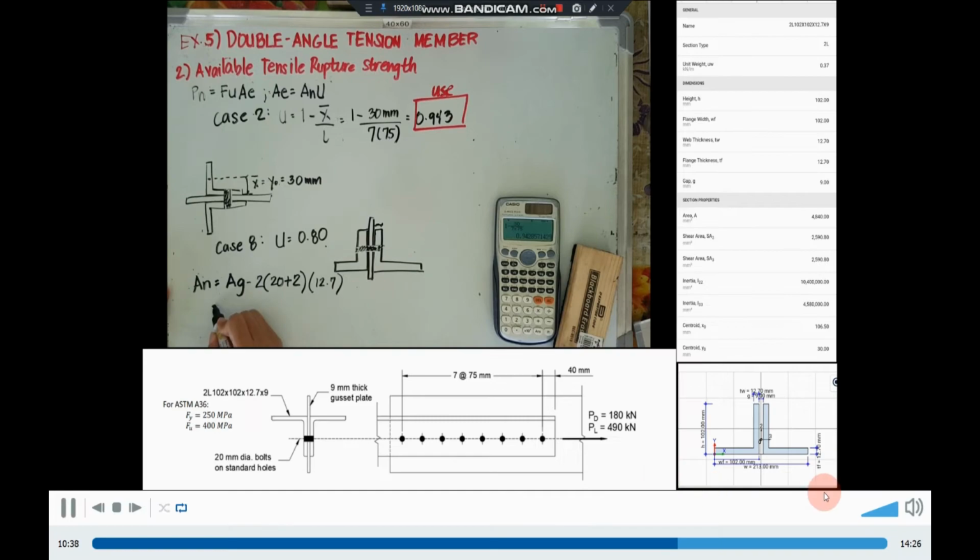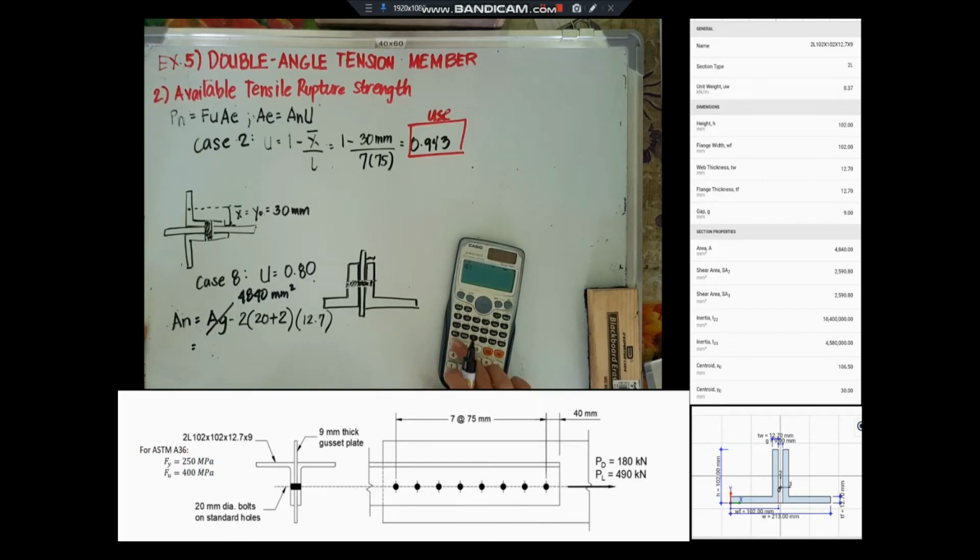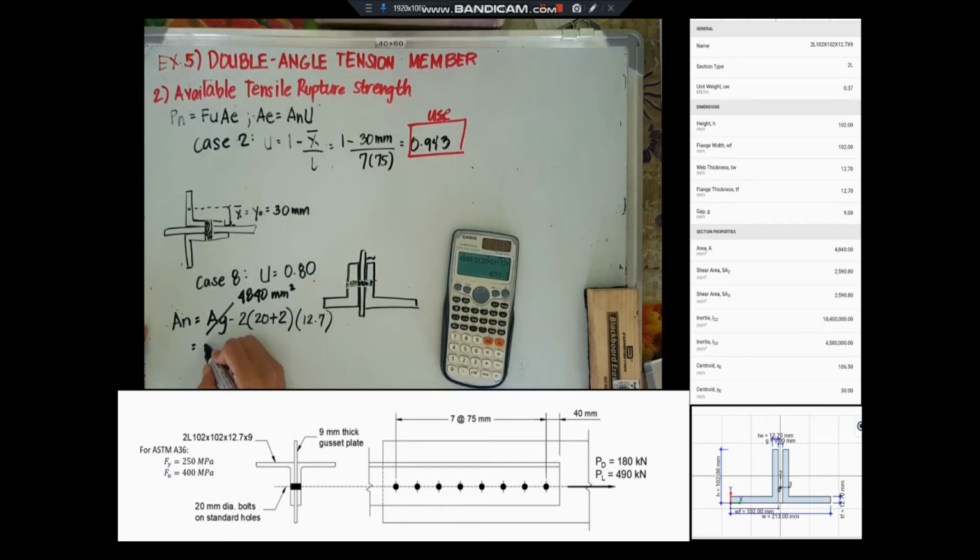Our gross area is 4,840. So our net area is equal to 4,281.2 square millimeter.